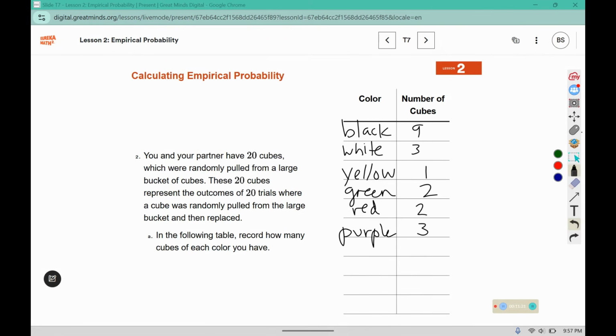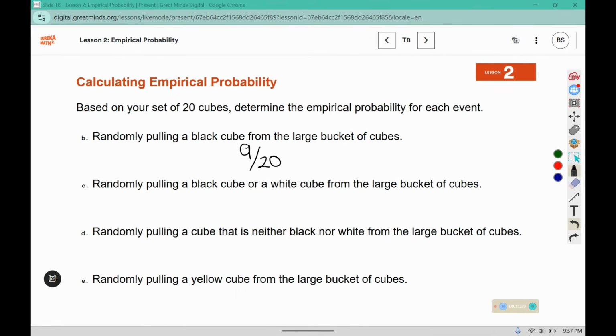If we had 240 cubes in the bucket, how many would we expect to be black? We had 9 out of 20 that were black. So if we changed our total to be 240, how many would we expect to be black? Well, we can cross multiply and divide just like we did with percents in the last module.